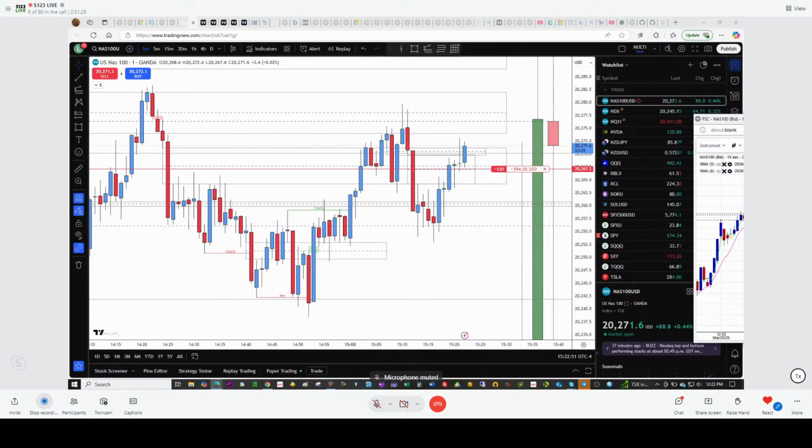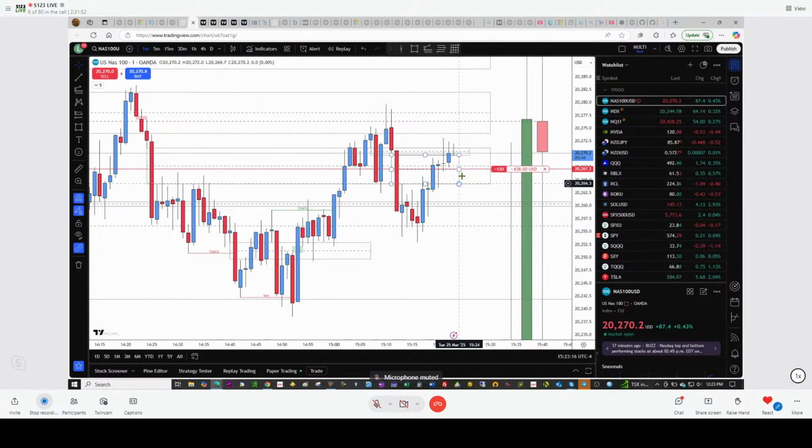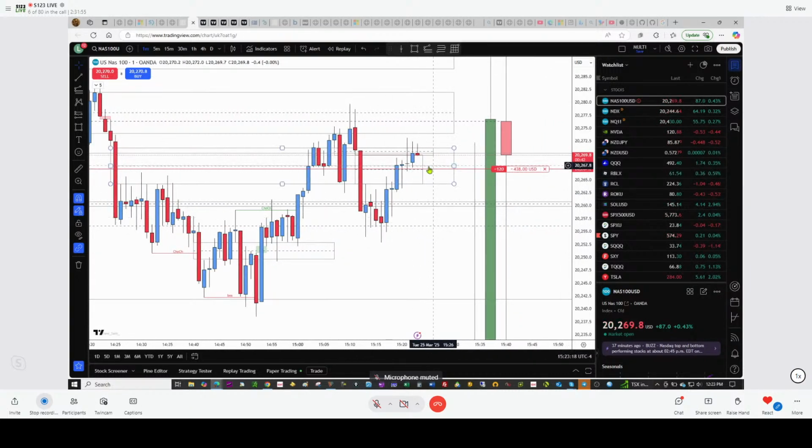I need a drop here. That's what we're looking for. But they are playing hardball. And the point of control looks like it's 500 handles below the current level. What?